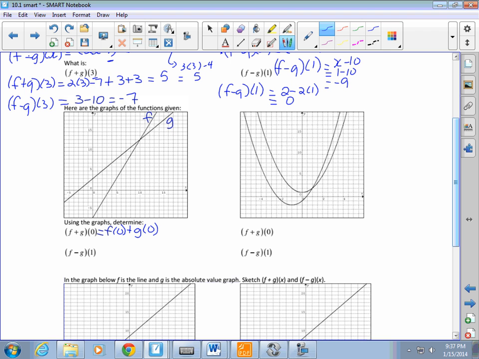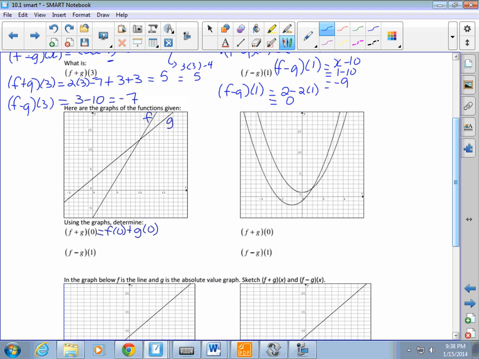So remember, f of 0 means what is my y-coordinate when my x-coordinate was 0. So on the graph here, my f graph here, when x was 0, my graph is down here at, and I think it should be a negative 6. 1, 2, 3, 4, 5, 6. No, it's a 7.